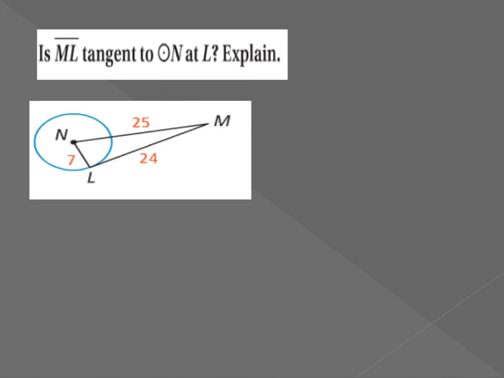Next problem we want to see is ML tangent to circle N. So if this is going to be tangent, that means this has to be 90 degrees. So we have to check. We want to check, does a squared plus b squared equal c squared? Because if it doesn't, then it's not a 90 or a right triangle. So I want to check, does 7 squared plus 24 squared equal 25 squared?